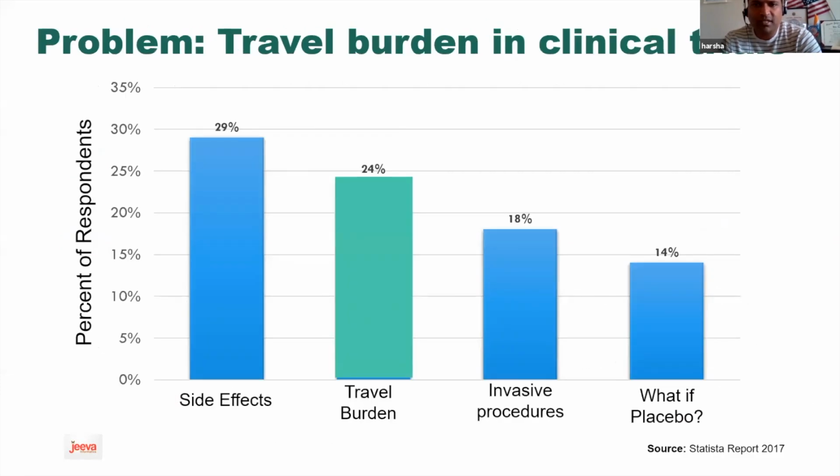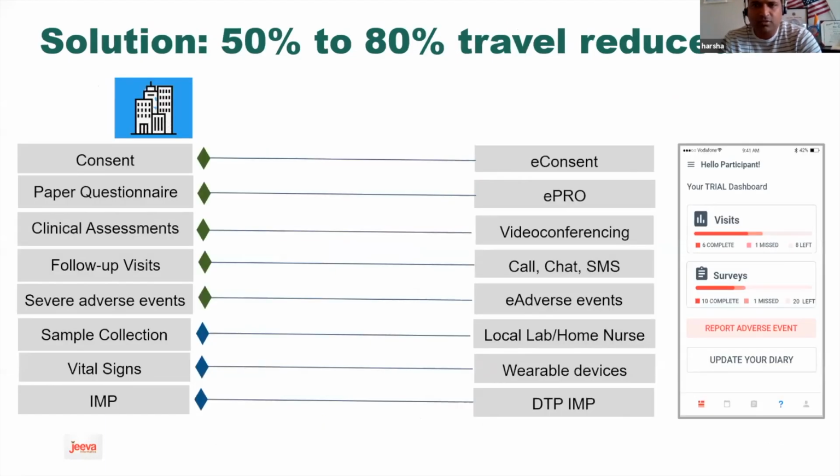If you start peeling the layers of the onion, you see that travel is the big problem, and about a quarter of the patients who review the informed consents are unable to participate because of the number of site visits or the location of the site. To solve this, we are developing methods whereby we can move the needle more towards the patient's convenience, wherever there is an opportunity to not require an in-person brick and mortar site visit, it can be taken to the patients on smartphone or mobile device apps.